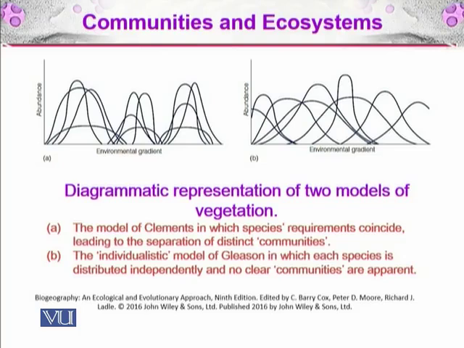Each group of bell curves makes a community. In B, you can see the individualistic model of Gleason, in which each species is distributed independently and no clear communities are present. So the whole region makes one large community of vegetation. This is the diagrammatic representation of the two models of vegetation given by Clements and Gleason respectively.